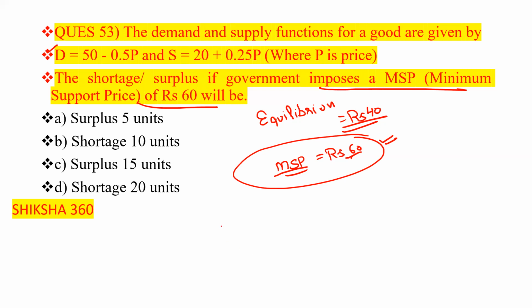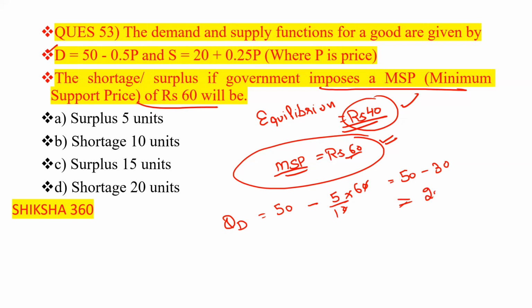Now put in the demand: quantity demanded is equal to 50 minus 0.5 into 60, which is 20 units. If the price is more than the equilibrium price, less quantity is demanded.